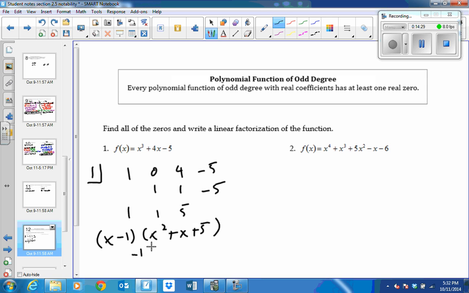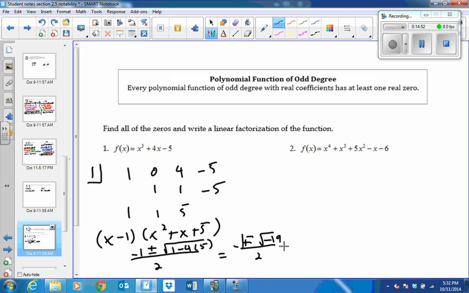So we're going to get negative b plus or minus square root of b squared minus 4 times a times c all over 2a. And this simplifies to negative 1 plus or minus the square root of negative 19 all over 2.